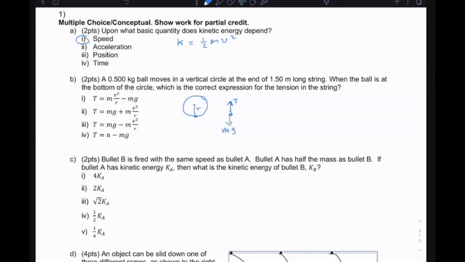So Newton's second law says that T minus mg, that's the sum of the forces in the y direction, is equal to m times a, where a is v squared over r. So T is equal to mg plus mv squared over r. The correct answer is choice 2.